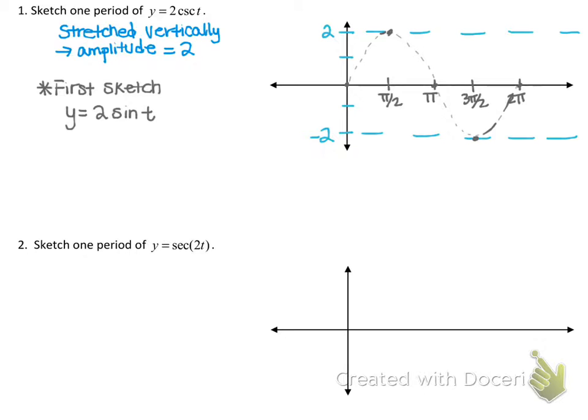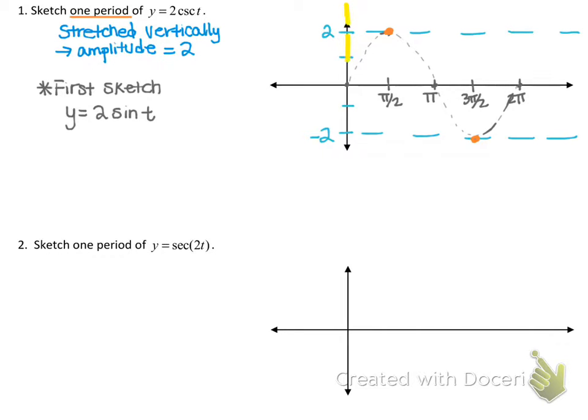Okay, so now what we need to do, and I might run out a little bit of room here, is that we share the vertices, right? So those are my 2 vertices. Because it says over here in the directions, sketch just 1 period. So I'm only going to have 2 parts here. All right, so before I can do those curves in the positive and negative, I'm going to draw in my vertical asymptotes.